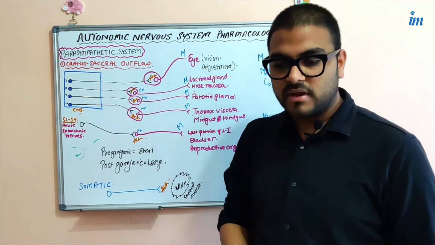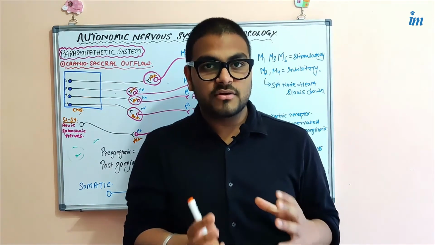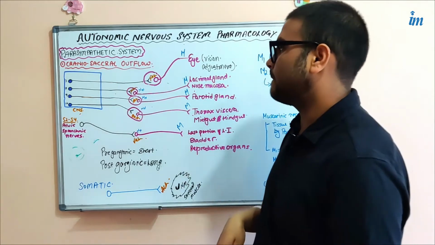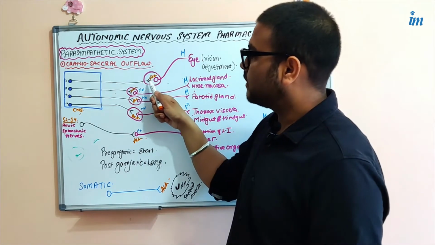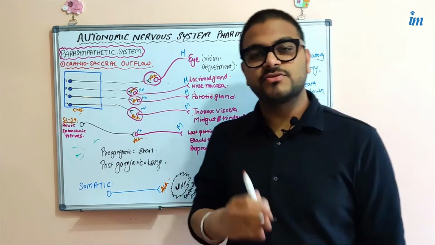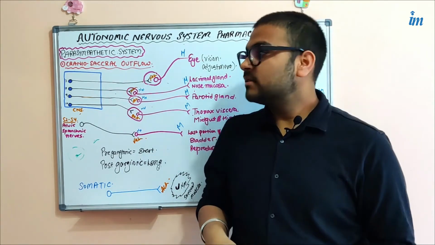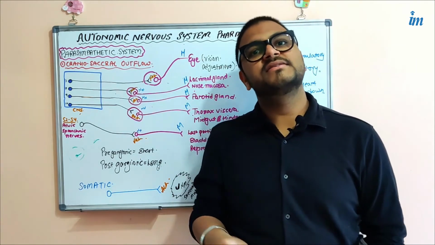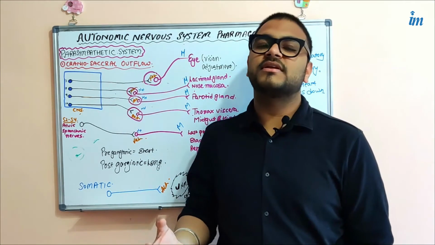A ganglion is where two neurons meet: the tail of one neuron and the head of another neuron. So what neurotransmitter is released in the ganglion?